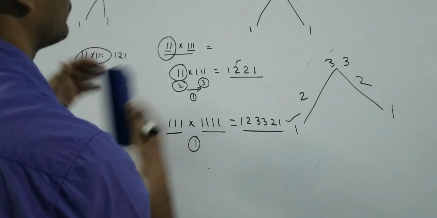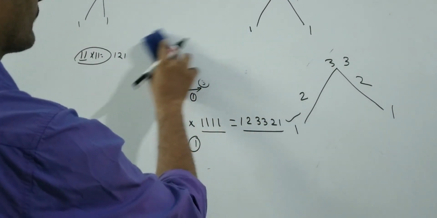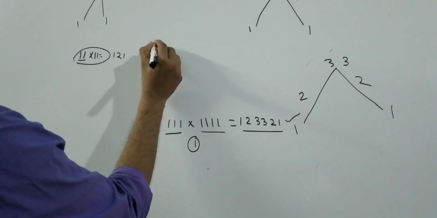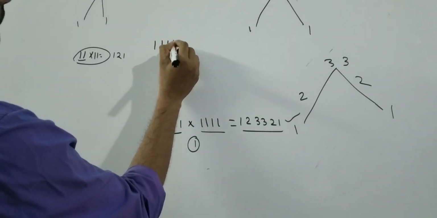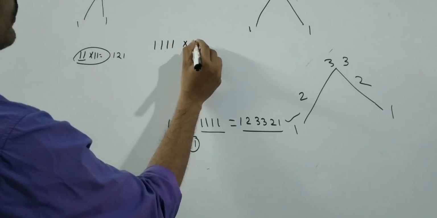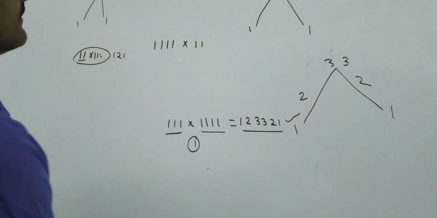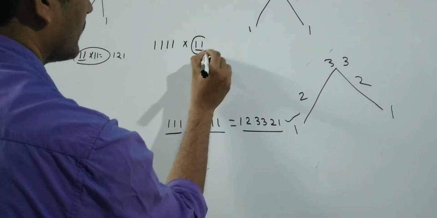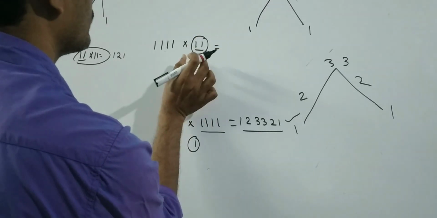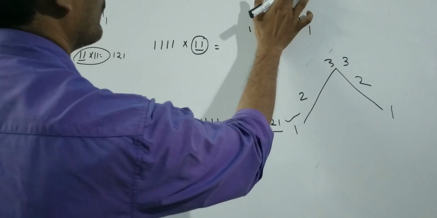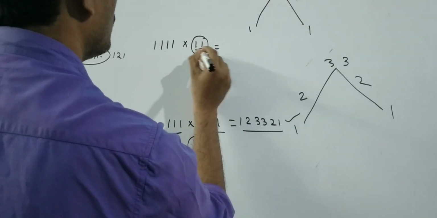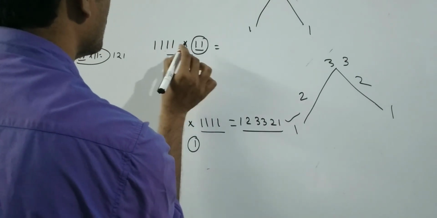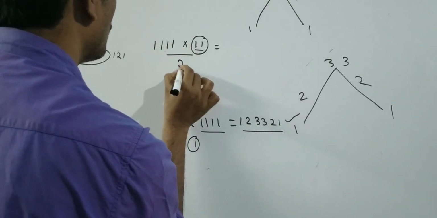Then one more thing. 1, 1, 1, 1 into 1, 1. See friends, the fewer number of digits is here, that means 2. So first we go for 1, 2. Here 4 digits, here 2 digits, so the difference between the number of digits is 2.